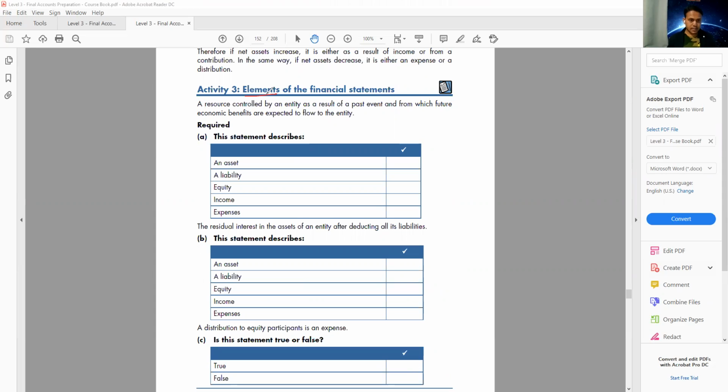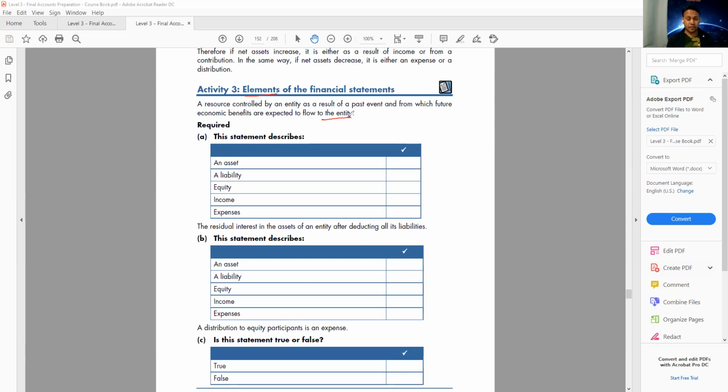The first one is the resources controlled by an entity as a result of past events from which future economic benefit is expected to flow to the entity. This is a very hard wording even to understand. It says like you buy something previously and that will create future economic benefit.